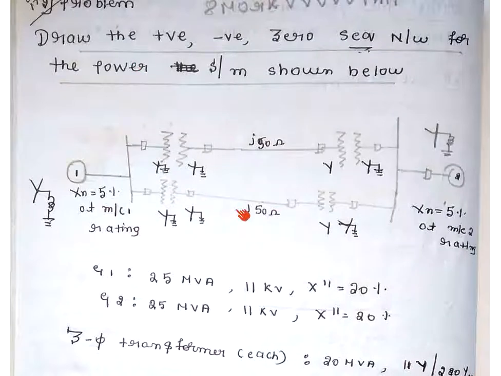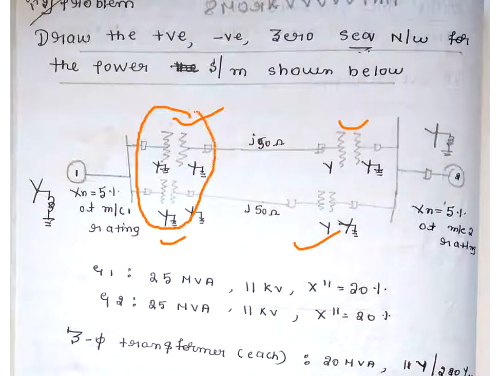Four transformers have been given. This is one transformer, this is one, this is one, and this is one. These two transformers are connected star grounded, both primary and secondary. These two transformers are connected with primary as star and secondary as star grounded.